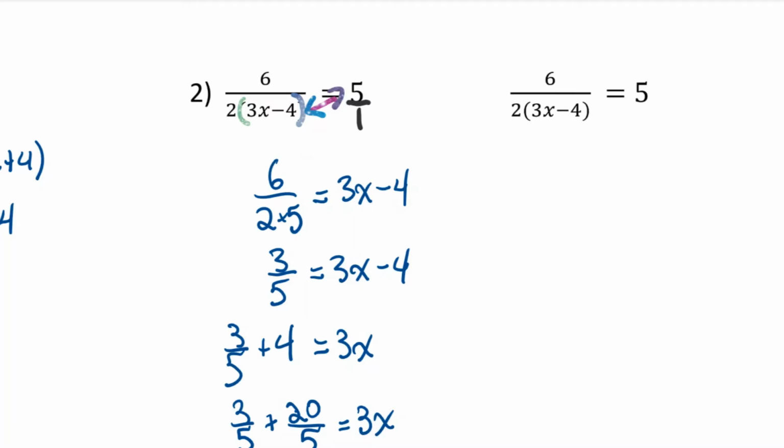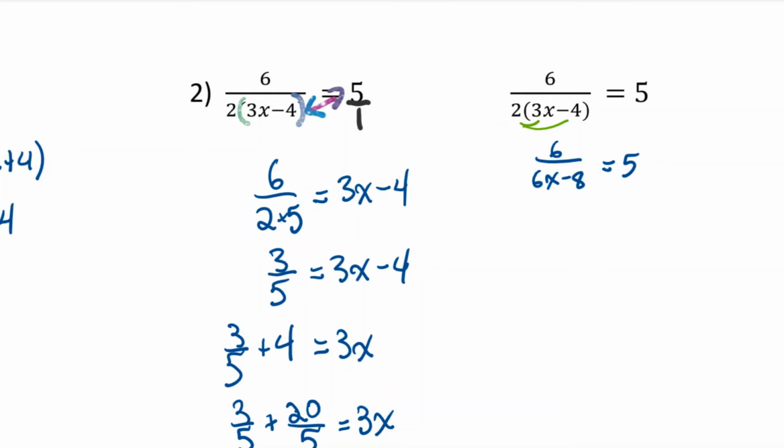All right, let's do this in a slightly different way, showing that as long as you don't break any rules, you can do things however you like. So if we got 2 times 3x, that's going to give me my 6x down here. I can then go 2 times negative 4. That gives me negative 8.